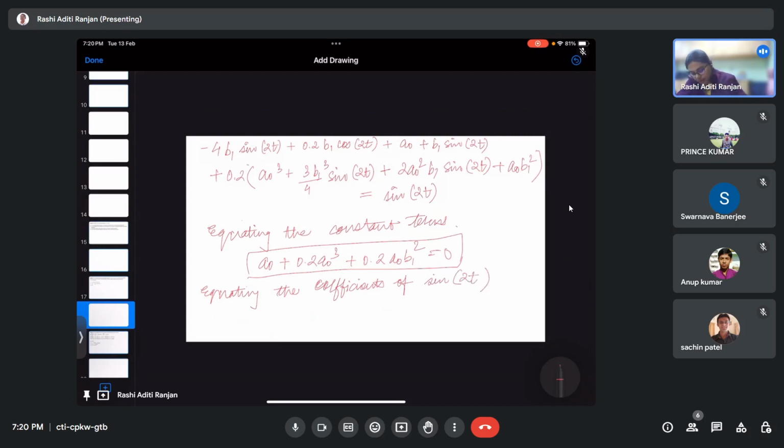See, sine 2t is here, so I have minus of 4b1, then I have it here, gives me plus b1, then I have it here, which gives me plus 0.2 into 3 by 4, which would give me 3 by 20 b1 cube, and then I have here, which would give me plus 0.4 a naught square b1. This is equals to 1, isn't it?